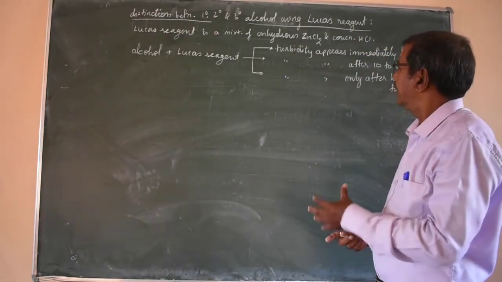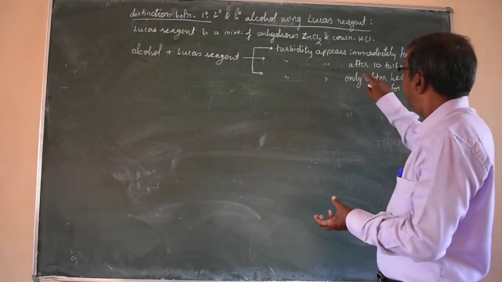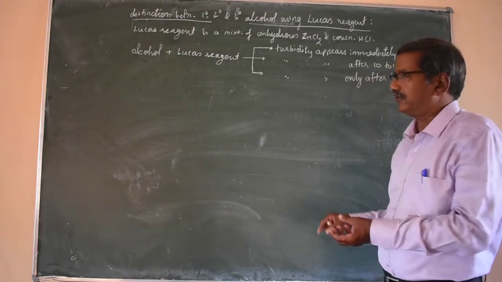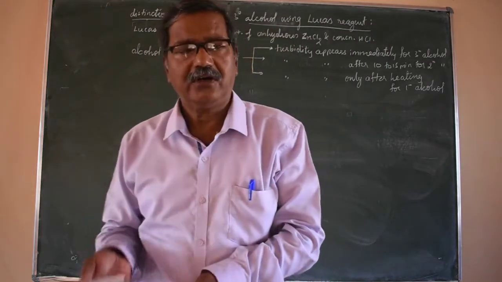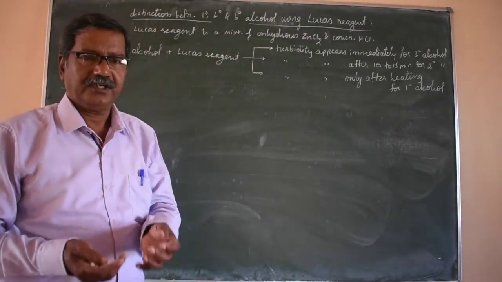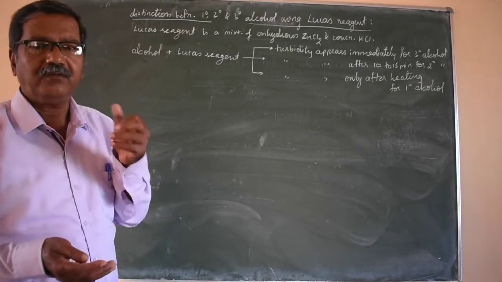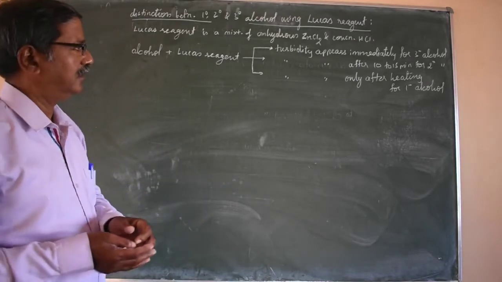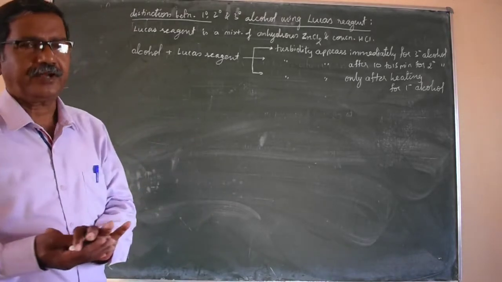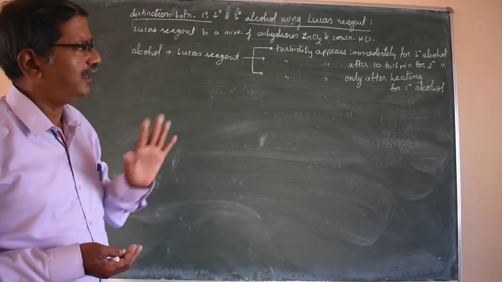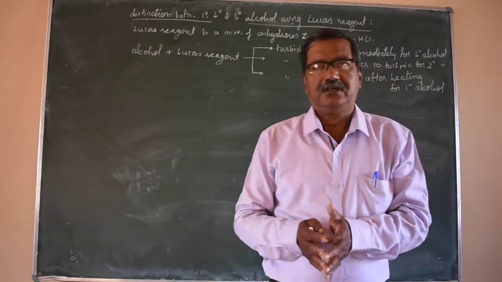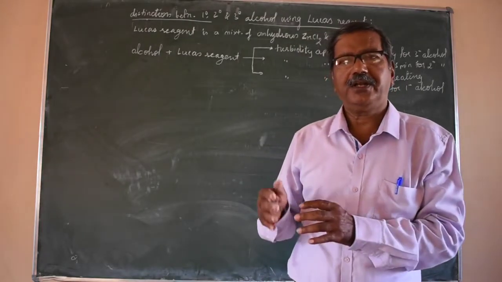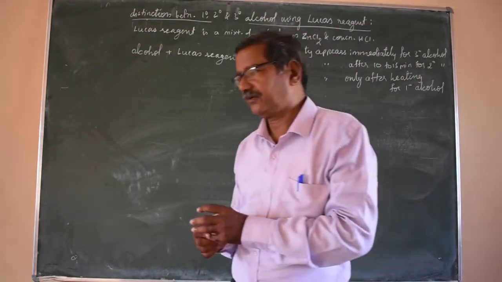If the turbidity appears after 10 or 15 minutes, then you may say the given alcohol is secondary alcohol or 2 degree alcohol. If turbidity does not appear even after mixing thoroughly, then you may say it is primary alcohol because it appears only after heating. So this is the distinction between 1 degree, 2 degree and 3 degree alcohol.